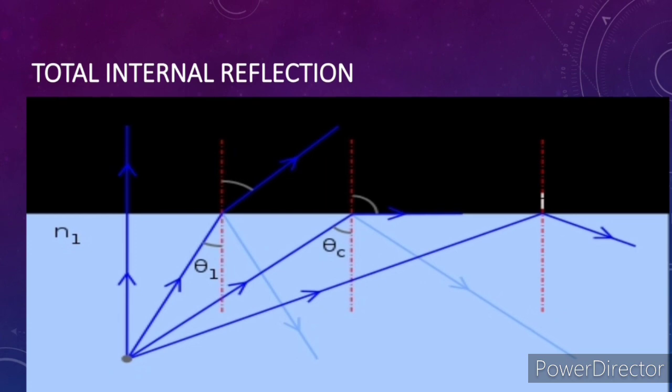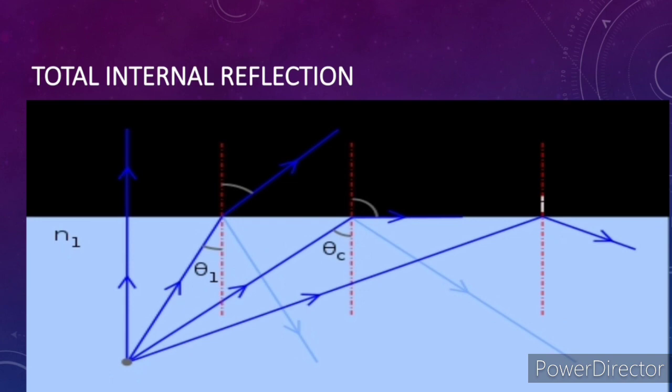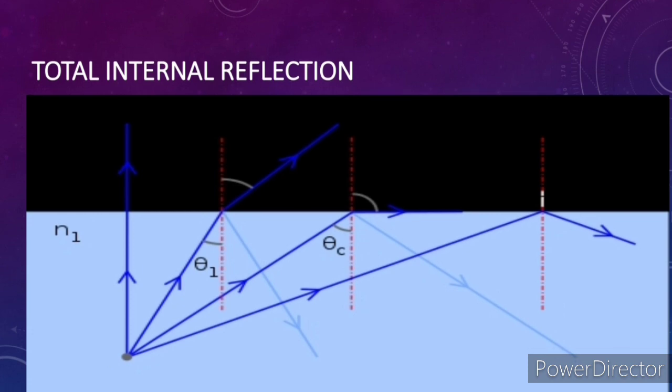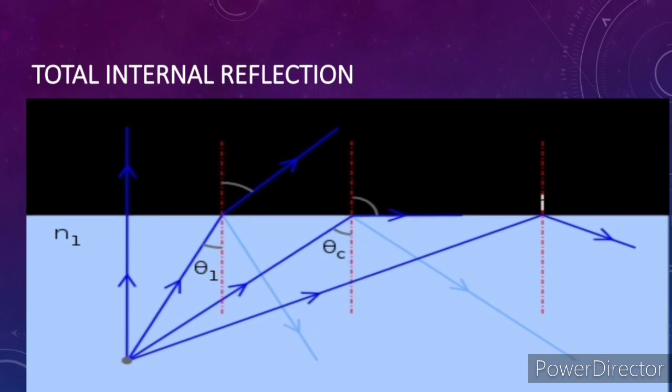Then there will be no refraction, there will be total internal reflection, meaning the total ray will be reflected back into the first medium itself. So first we will take the definition of critical angle, and then we will take the condition at which total internal reflection happens.